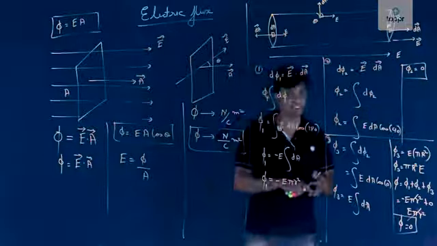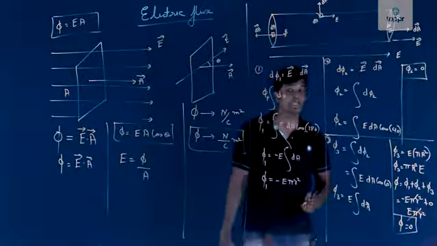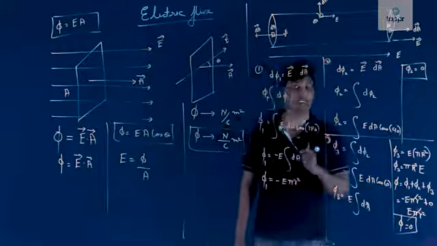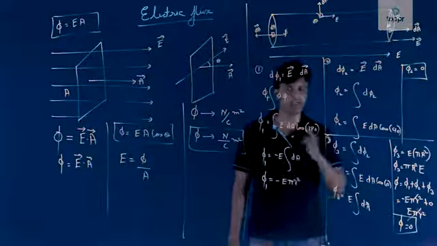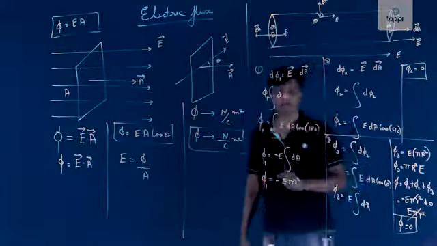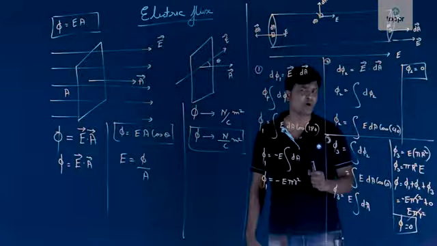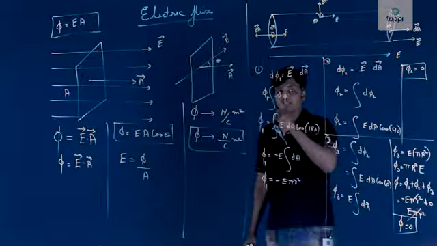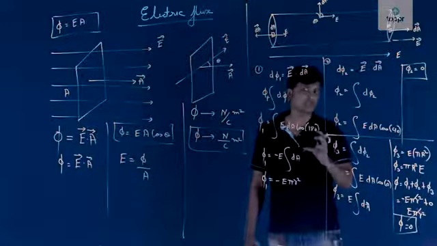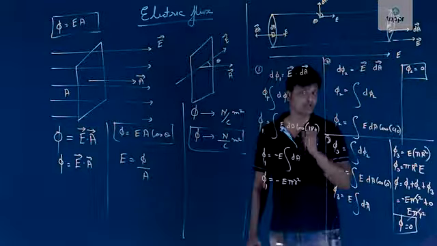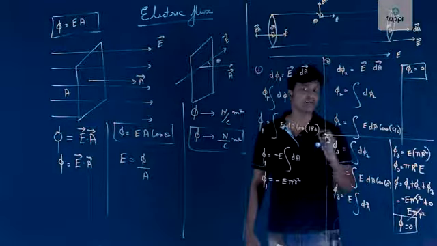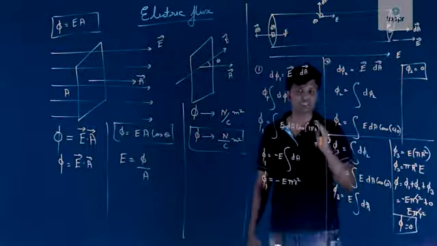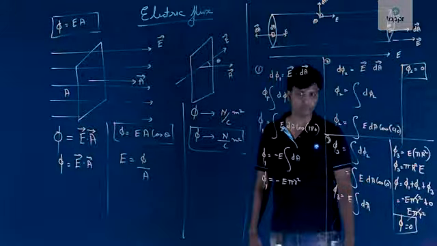Right? So this is how we can determine the direction of the area vector. In addition to that, this example has reached a very important conclusion. What is that important conclusion? That if any enclosed surface is kept in a uniform electric field, the flux through this enclosed surface is equal to 0, right?